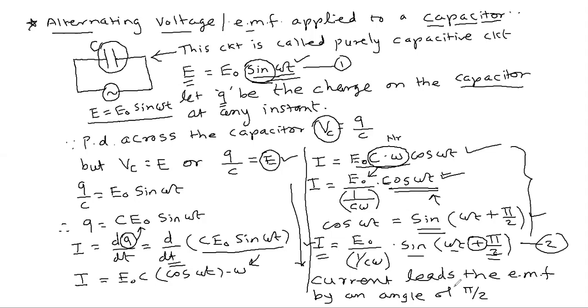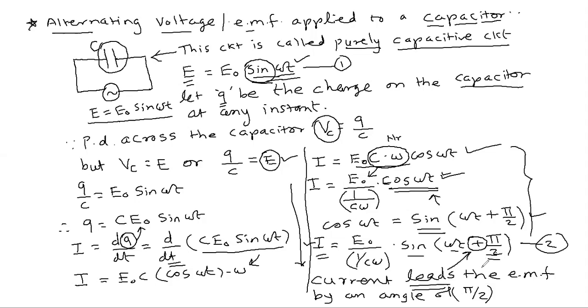See, in case of an inductor, that means when the alternating voltage or EMF is applied across the inductor, you got this relation, that the current lags behind the EMF by an angle of pi by 2. But here in case of the purely capacitive circuit, or when you apply the alternating EMF to the capacitor, then the current leads the EMF by an angle of pi by 2. Leads means what? Here you got the plus sign, that's why you are saying that the current leads the EMF by an angle of pi by 2.